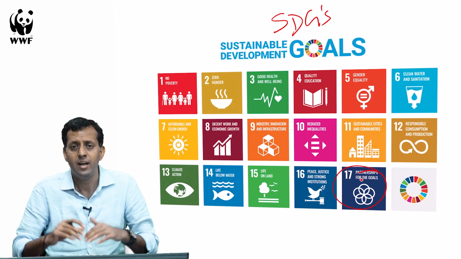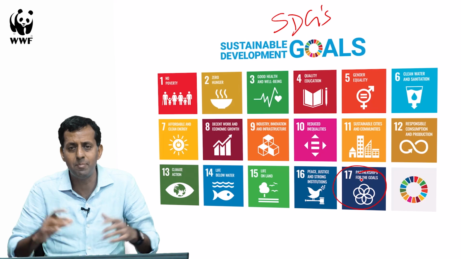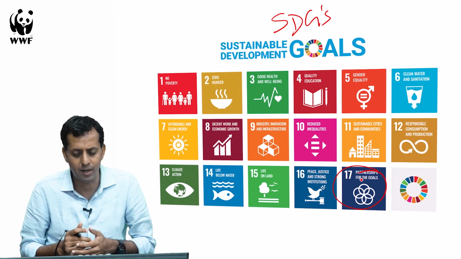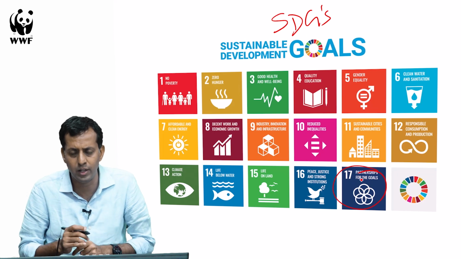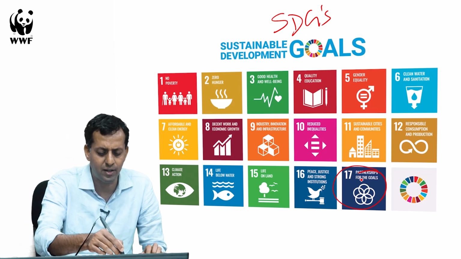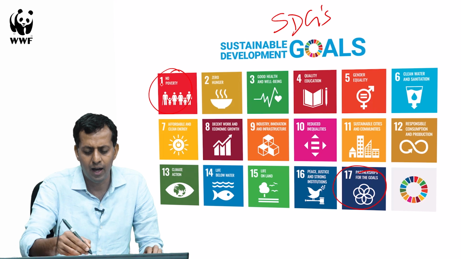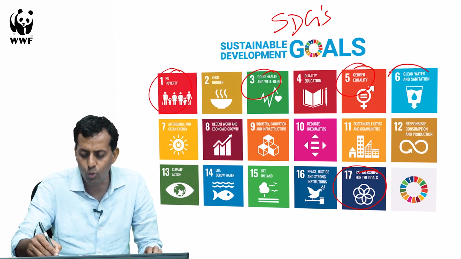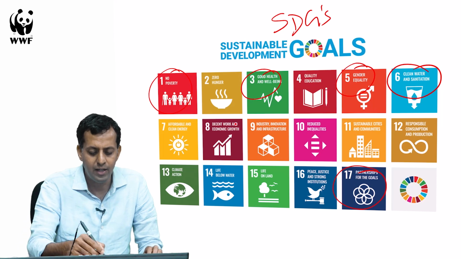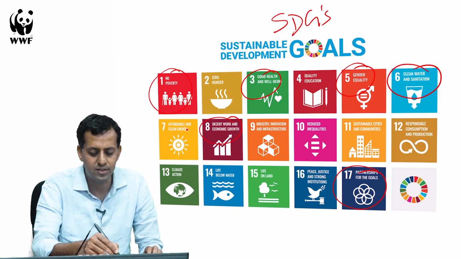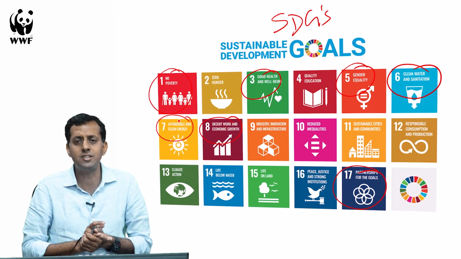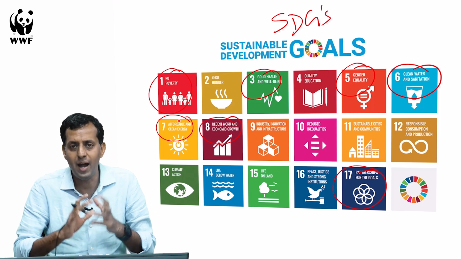But the idea is that if we can do well on these 16 parameters, right, then we are doing very well sustainably. So you can read this, you can go Google this, you will see some of these parameters: eradicate poverty, make sure there is good health and well-being, gender equality, good quality water for everybody, decent work and wages, energy, right? A bunch of these kinds of sustainable development goals have been identified.